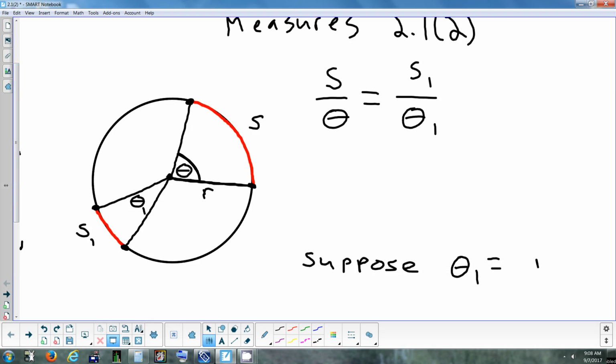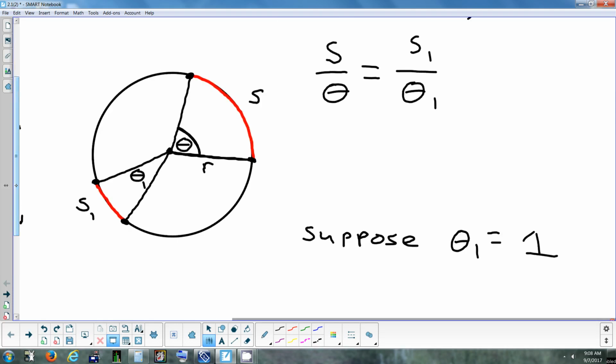So we're going to let theta 1 equal something specific. We're going to let it equal 1 radian. Because if we do that, we already will know the length of the arc. If you let theta 1 equal 1 radian, that would automatically make the arc the same as the radius.